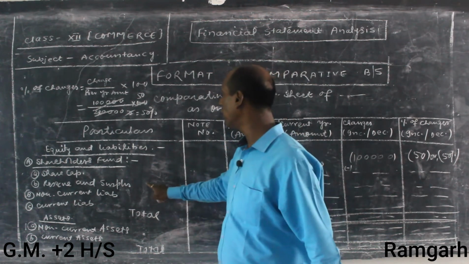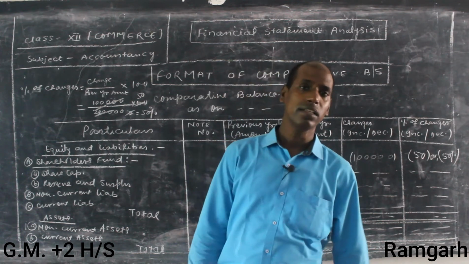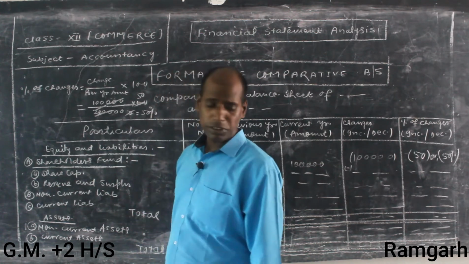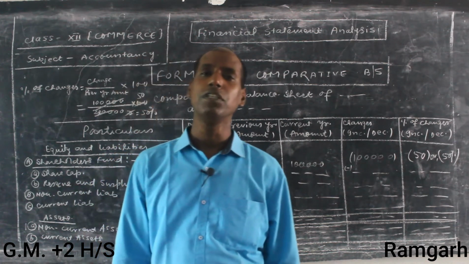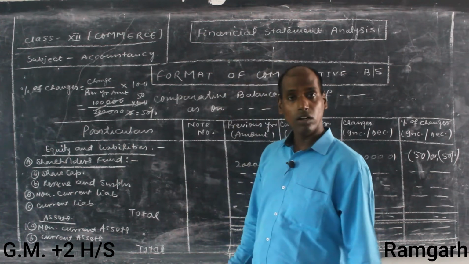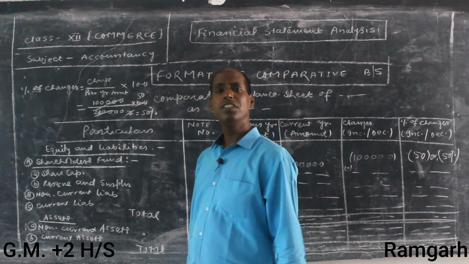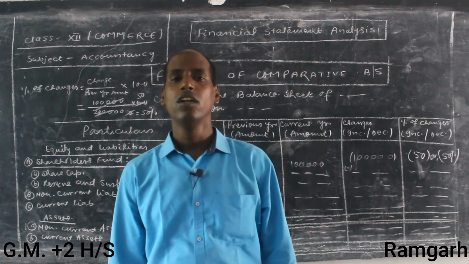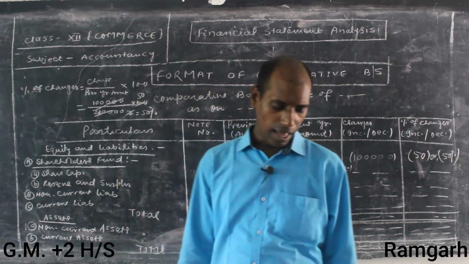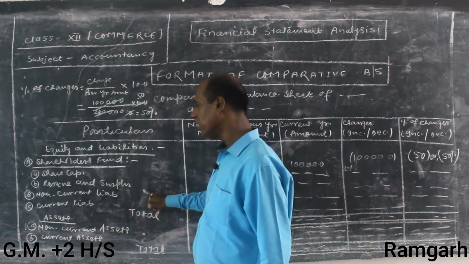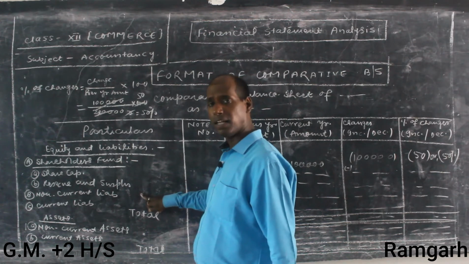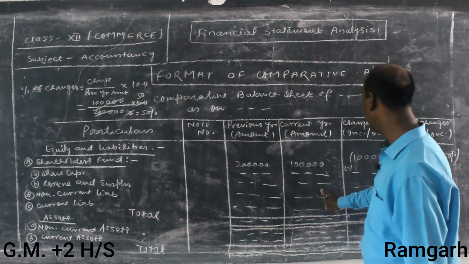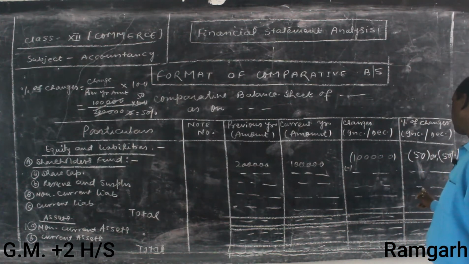Next, non-current liabilities. What are non-current liabilities? Those liabilities which are not current, it means debentures, long-term borrowings, etc. We have to put again the amount of previous year, then current year, then changes, and thereafter percentage of changes.